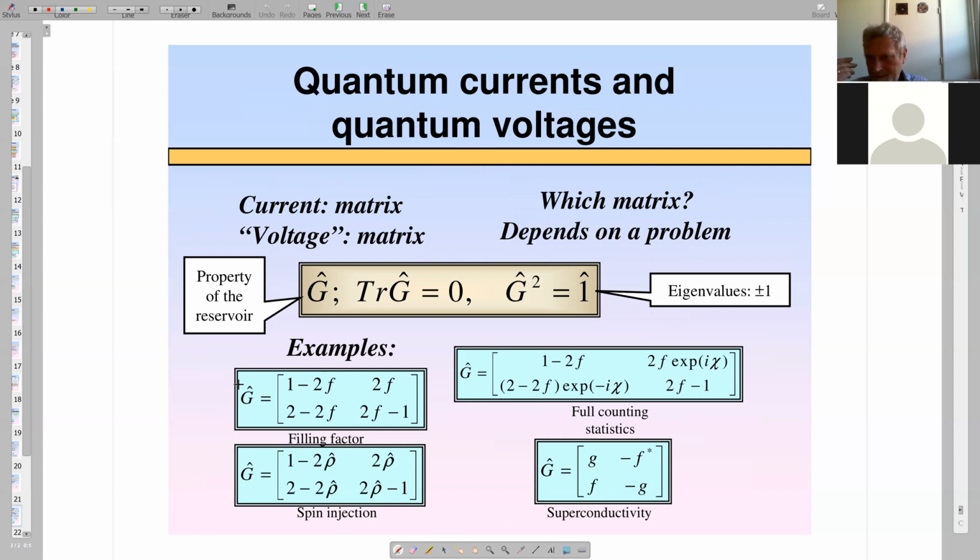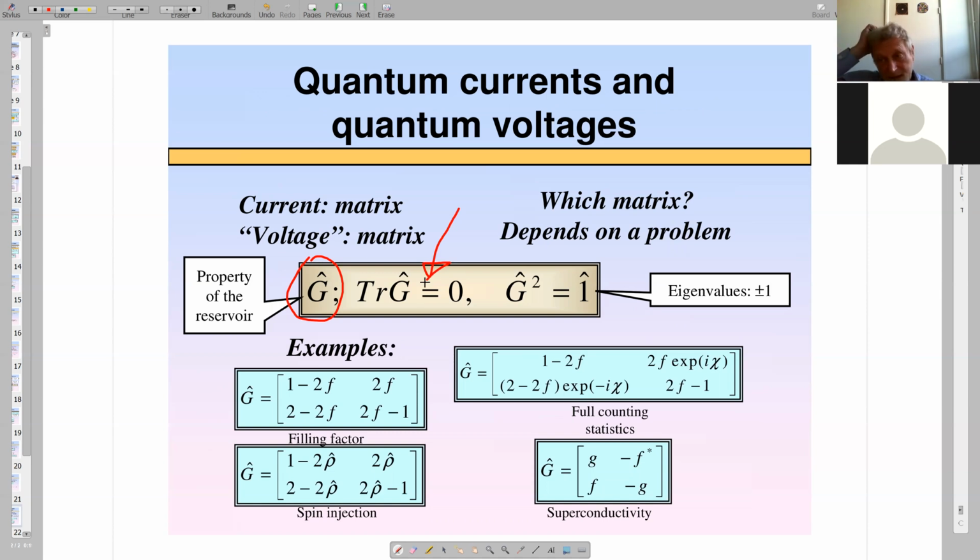Good. We have matrix currents. Correspondingly, we have matrix voltages. And these matrix voltages, like usual voltages, are fixed in the reservoirs, in the leads. So it's a matrix. There are a couple of special properties for this matrix. This matrix is traceless.